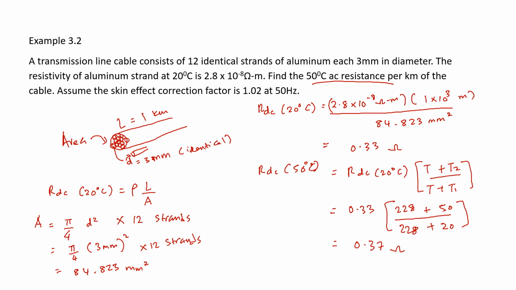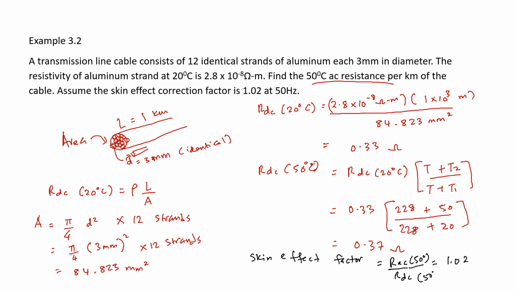But the question asked for the AC resistance, and the skin effect correction factor is 1.02. So the skin effect factor is equal to RAC over RDC, and this is equal to 1.02. So straightforward, actually we can find the RAC at 50 degrees Celsius.